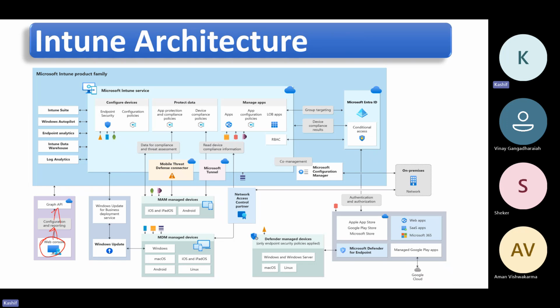Then your information goes to Graph API, and from Graph API the information is passed to Microsoft Intune services. So whatever you do, your information goes to Graph API, and Graph API will connect with Intune services in the backend, and it will do the configuration of devices or protect data or manage applications based on the configuration you do.